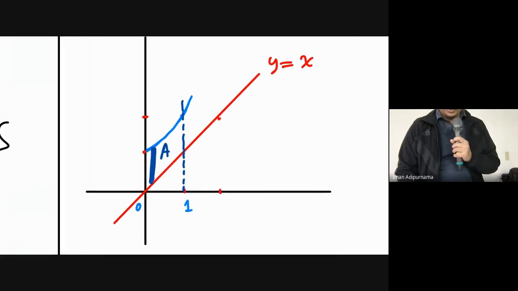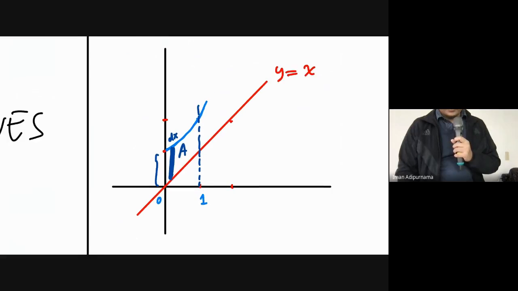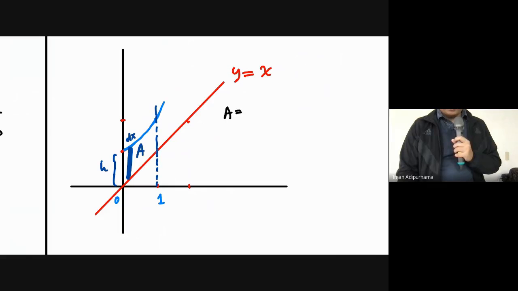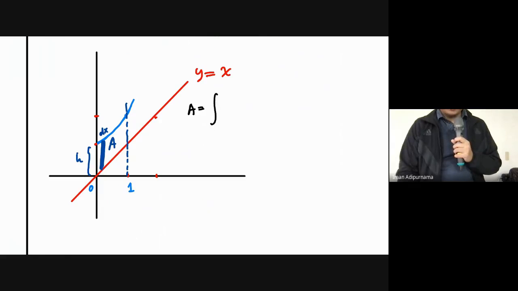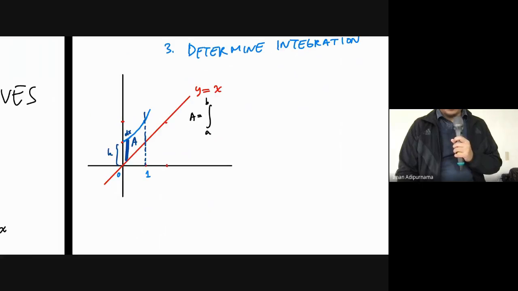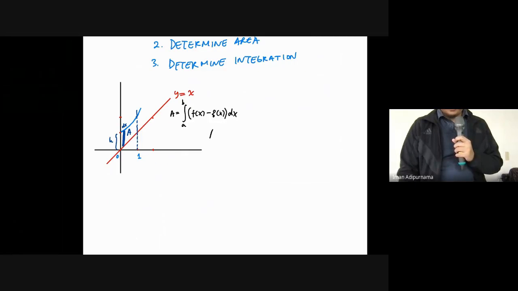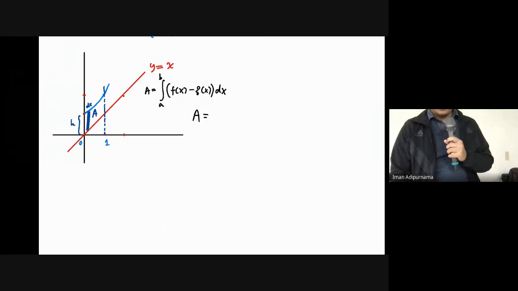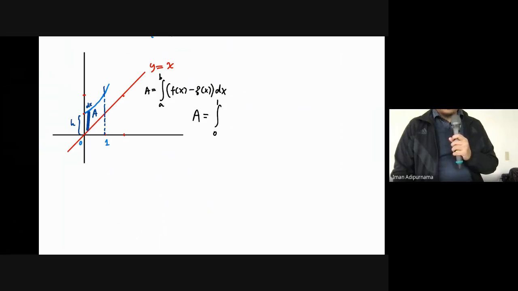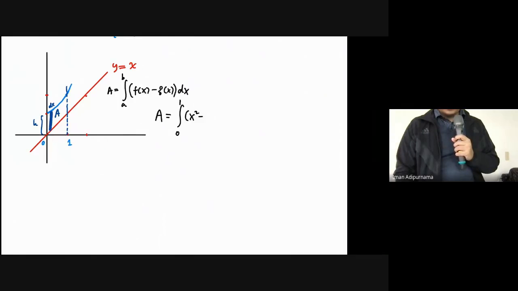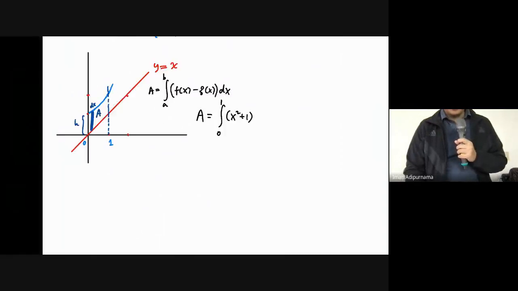I will illustrate the rectangle. So this is the x. This is the difference, the height. So the area will be, let me write the basic definition. So A will be the integral from 0 to 1 of x squared plus 1, okay?